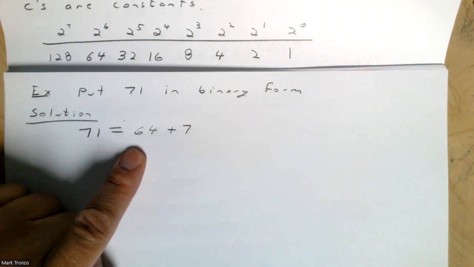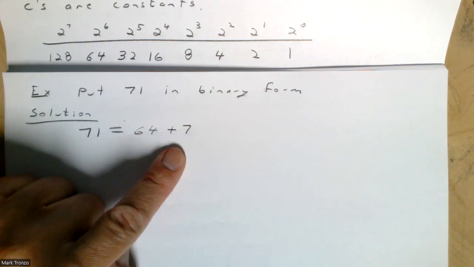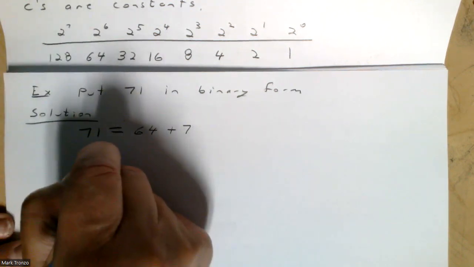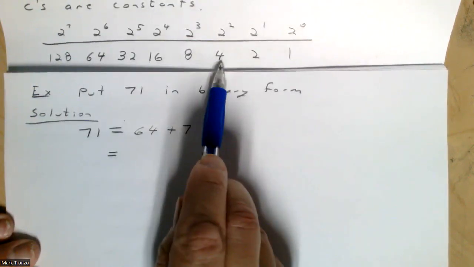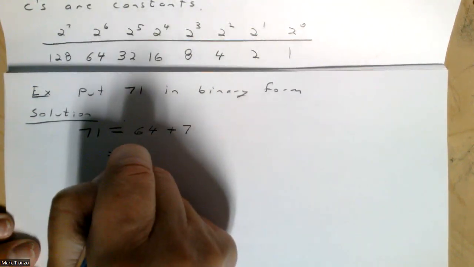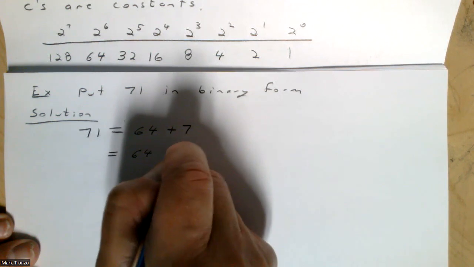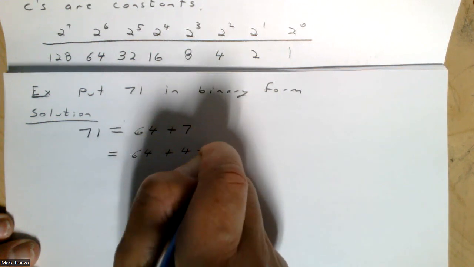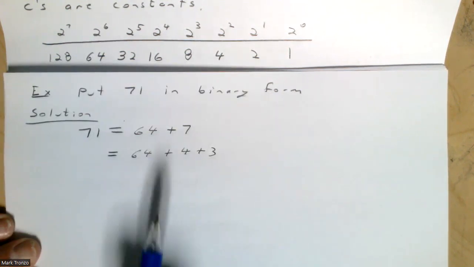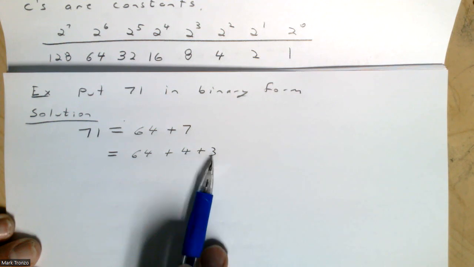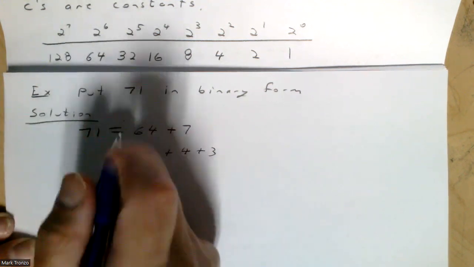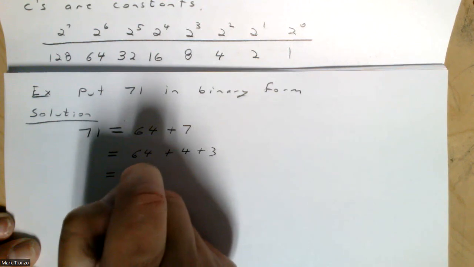So again, this is a power of 2. So go to this one. What's the biggest power of 2 you can take out of it? Obviously, it looks like it's 4. And then what's left over is 3. So these are powers of 2. What's the biggest power of 2 you can take out of 3?